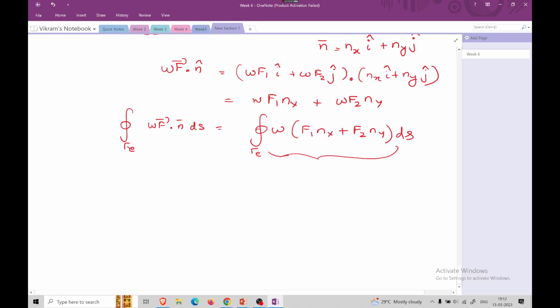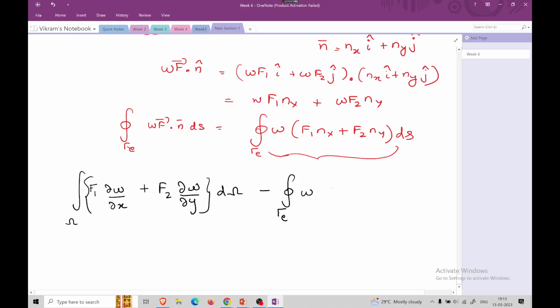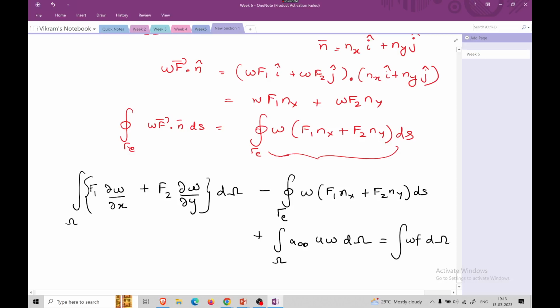So what will happen? I will get here, over the domain, f1 dw by dx plus f2 dw by dy into d omega, minus, over the boundary, w times f1 nx plus f2 ny into ds, plus a00 into uw into d omega is equal to wf d omega.